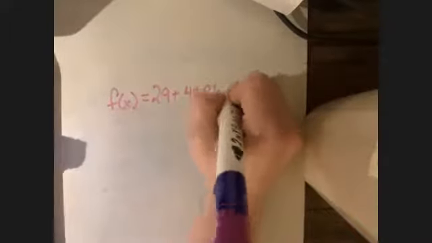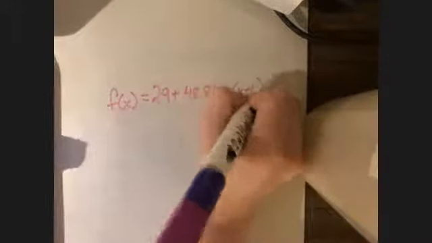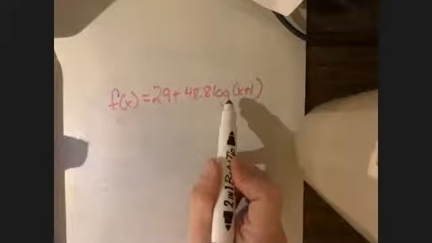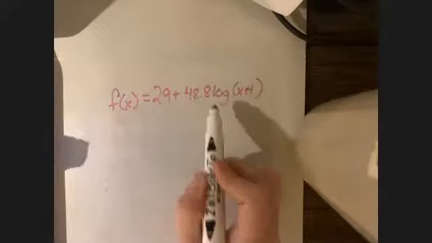So moving forward towards a couple of others, okay? So we have, for an example problem, f of x equals 29 plus 48.8 log x plus 1. Notice they did not put a base on here, so it is automatically base 10. This is also the log button that is on your calculator.